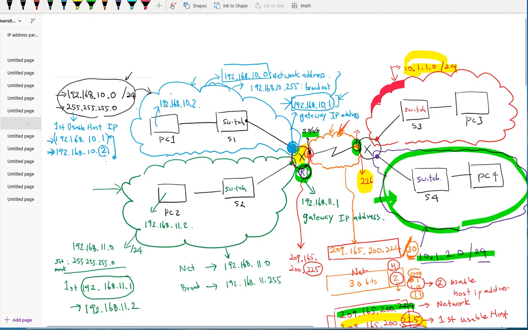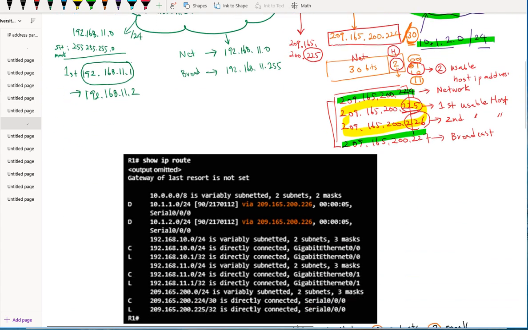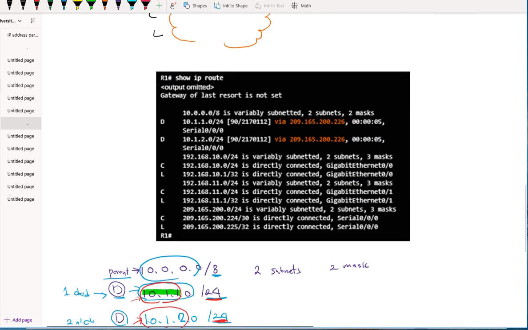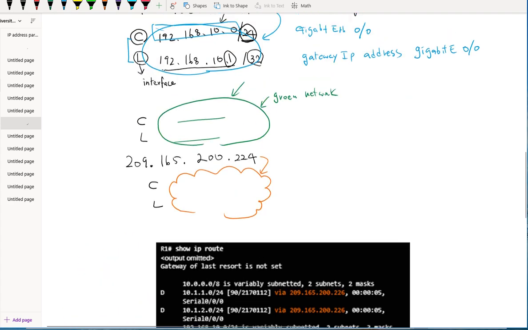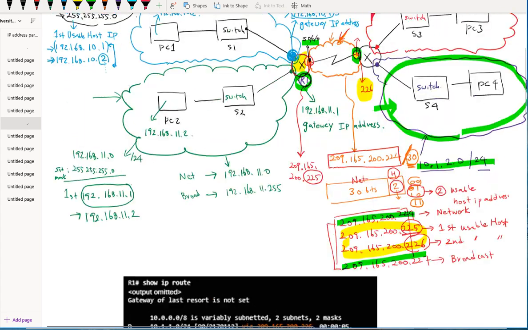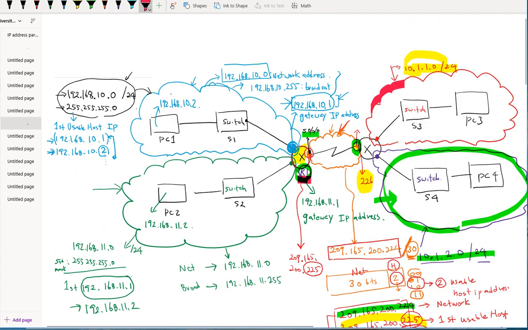So this is red. I'm gonna use the red instead of the green. I'm sorry. So this red network, 10.1.1.1, that's a destination IP address, destination network. So basically, from R1, if you want to get into this red network, which is 10.1.1.0.